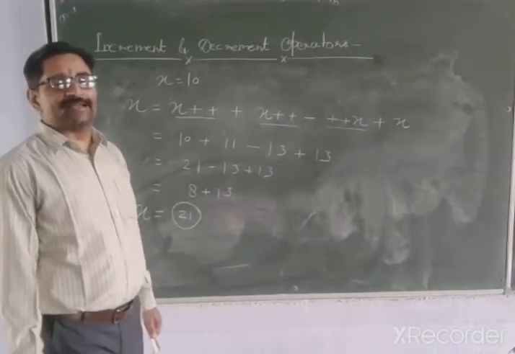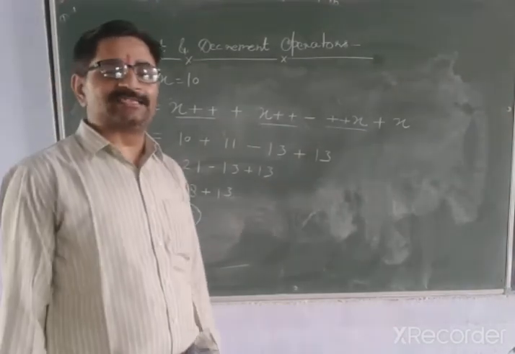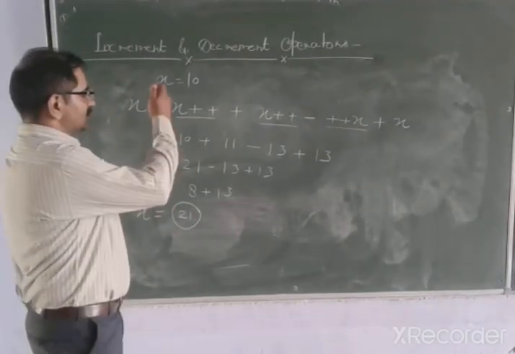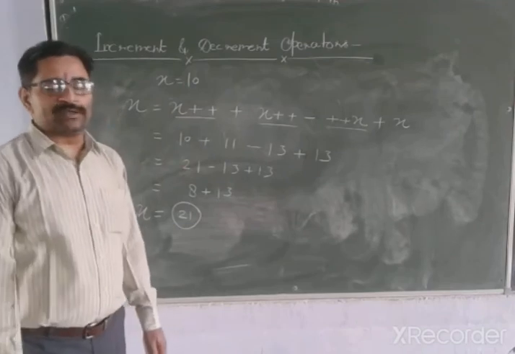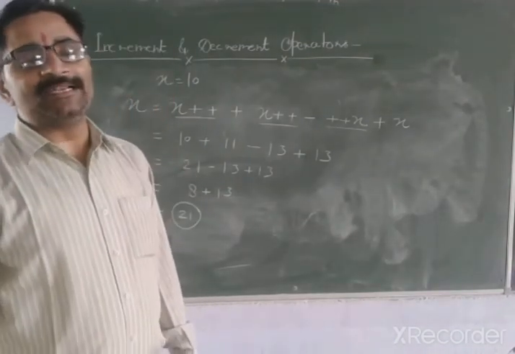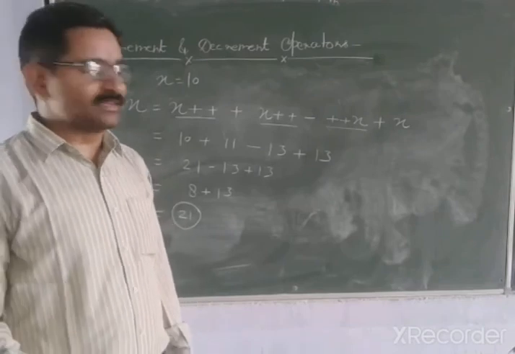What is the value of x? The final value of x we get is 21. So this is the way we can evaluate any expression based on increment or decrement operators.